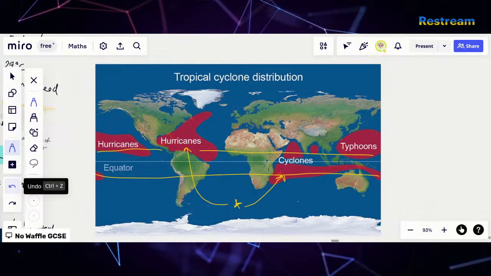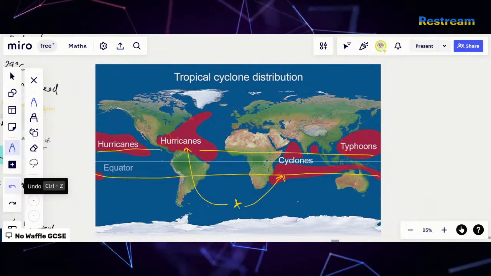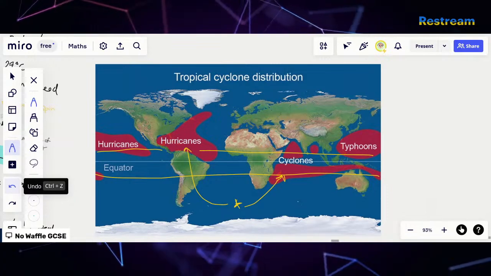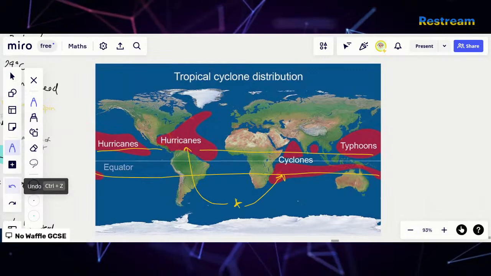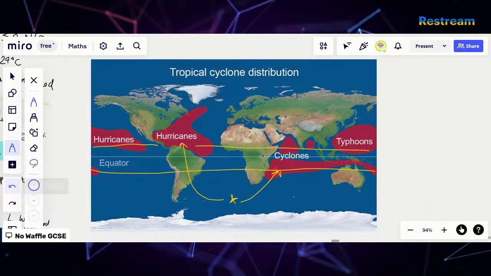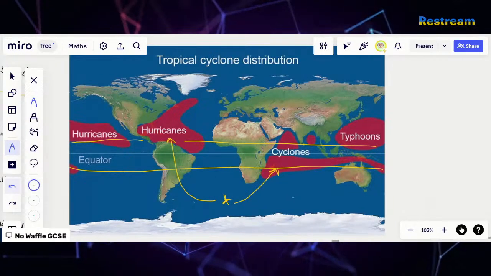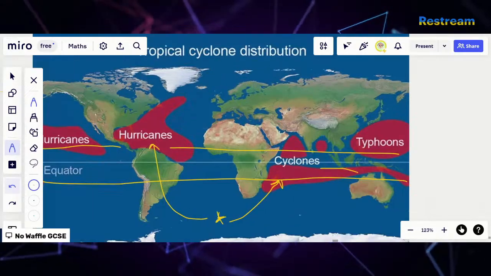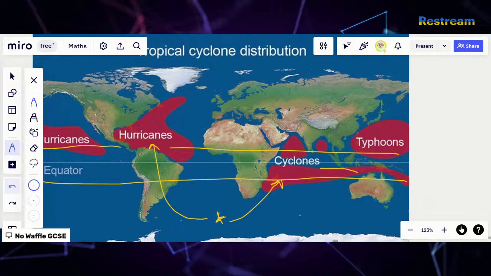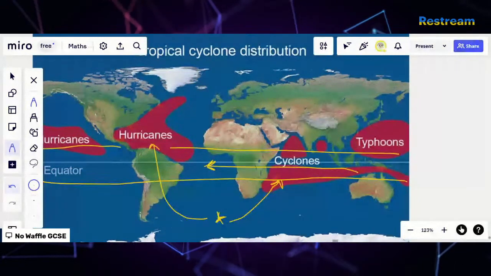Now, easterly winds near the equator move tropical storms towards the west. So if it's near the equator, then the tropical cyclones or the tropical storms tend to move. The storms then spin due to the Coriolis effect, which we discussed earlier.